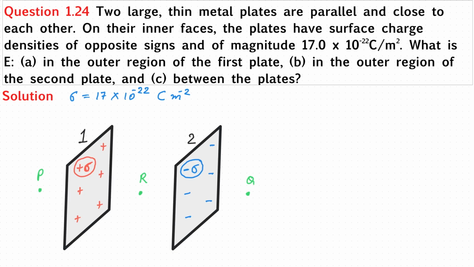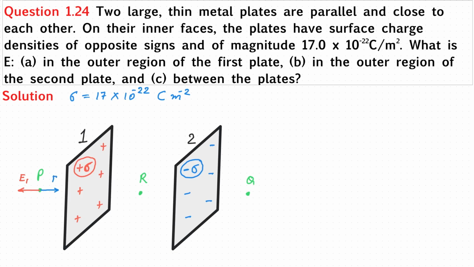See, at point P, the electric field due to the first plate, which is positive, will be radially outside. This is the electric field, let us say E1. It is due to the positive charge, that's why it is radially outside. And due to the second plate, which is negatively charged, the electric field will be towards the plate, radially inside.